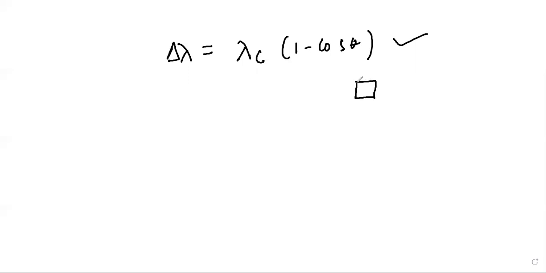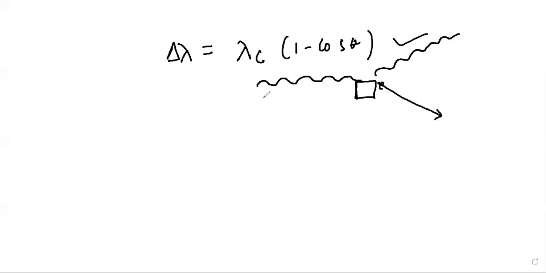Suppose this is the target material and you have the incident photon, which encounters one electron, and then it is scattered in a certain direction, and the electron is scattered in this direction.